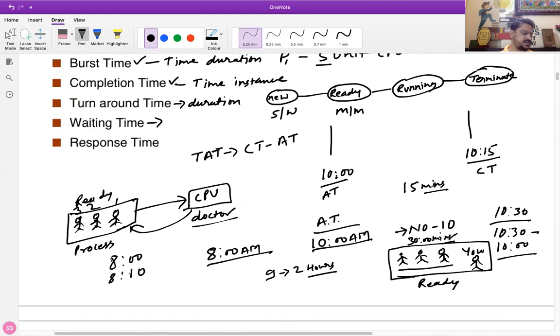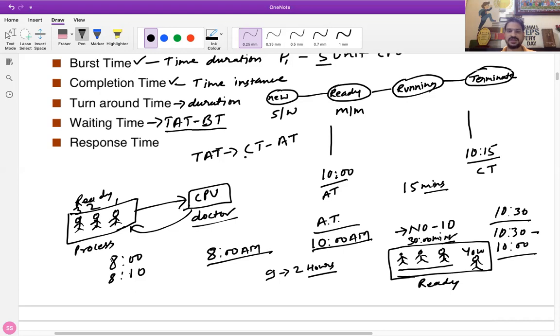Now, how can we calculate the waiting time? For the waiting time we also have a formula: turnaround time minus burst time. That means how much time the CPU was allocated and how much time the process spent in other states is called waiting time. If a process is in the ready state, how much time it spends there is calculated by turnaround time minus burst time.